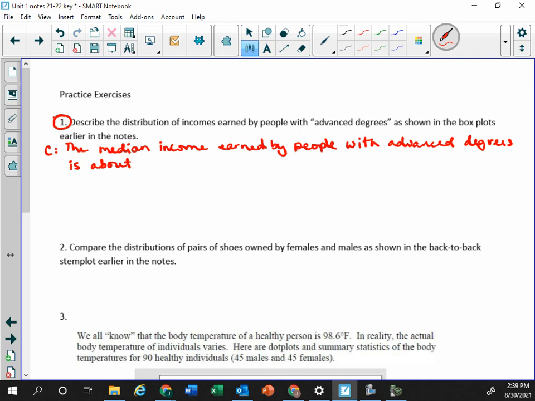Agree, close, somewhere around there. What did you guys say, 60? Okay. Yes, correct. That's all fine.